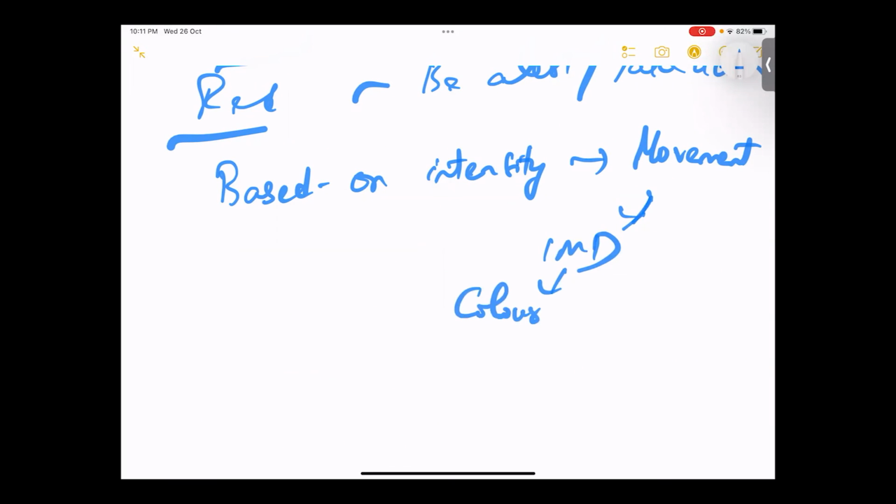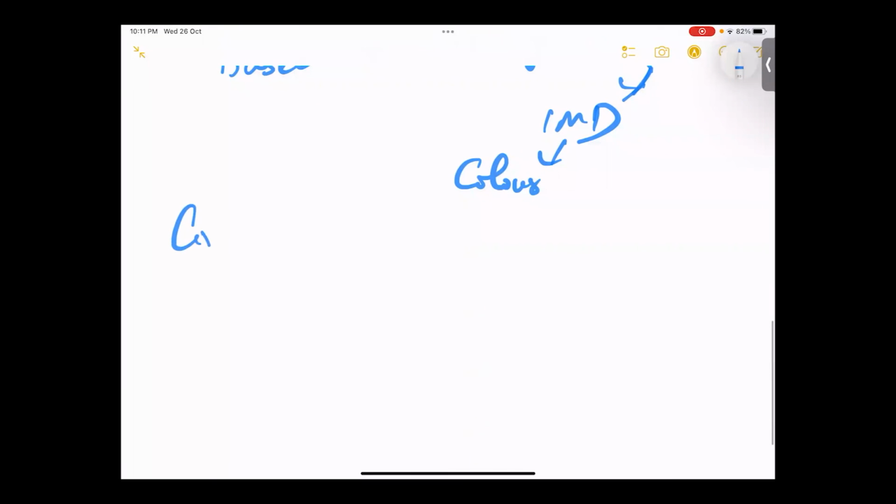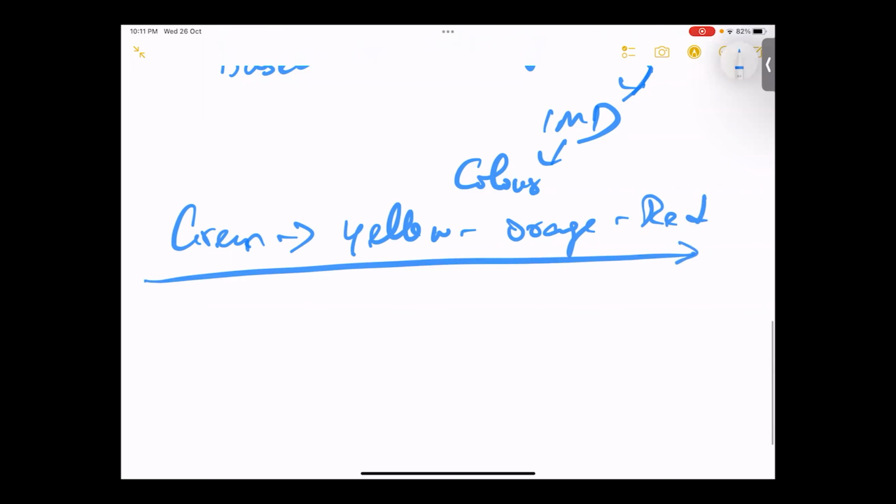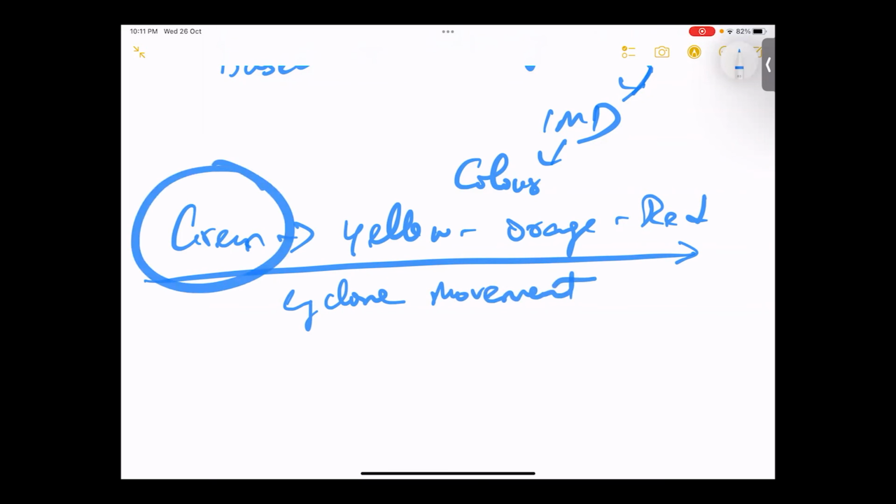For example, an area can be initially green, can then turn into yellow, orange, and red. So the same area can go through these phases based on the cyclone movement. It's not that once an area is declared green, it will stay green.